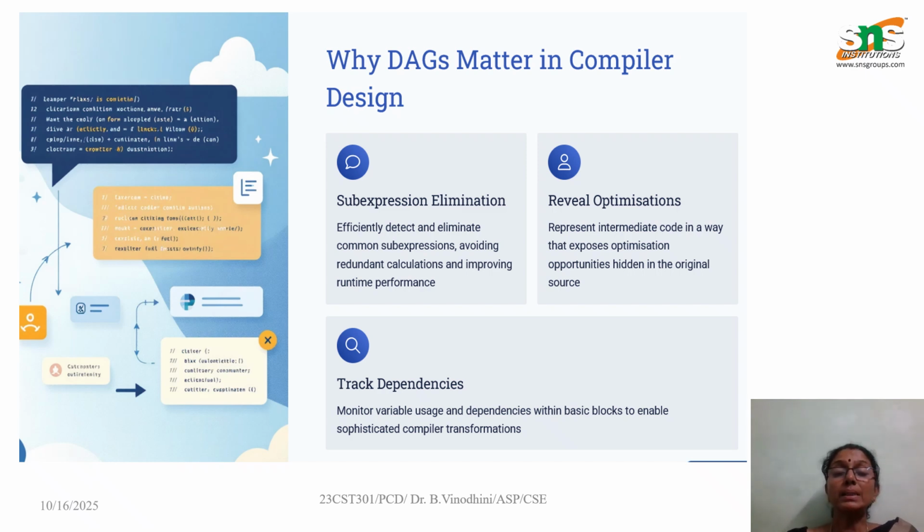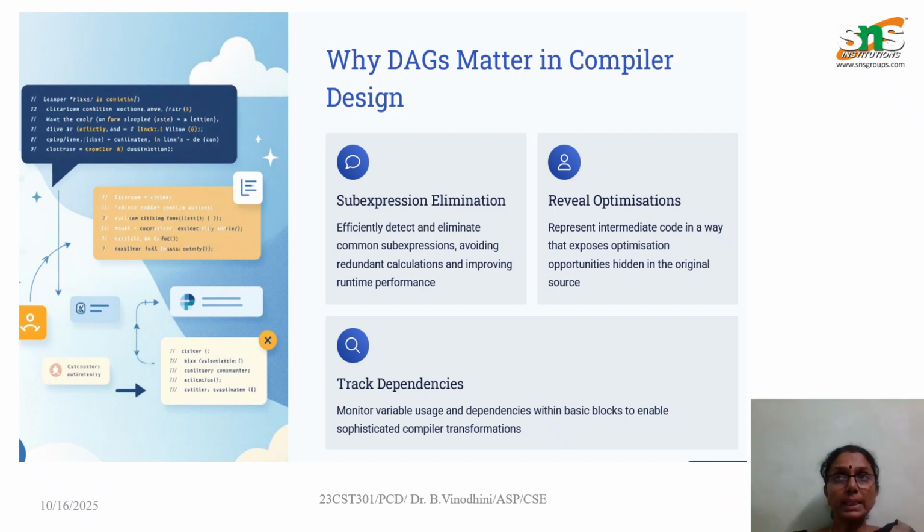Next, it reveals the optimizations. It represents the intermediate code in a way that exposes the optimizations that could be hidden in the original source. Also, it tracks the dependencies.